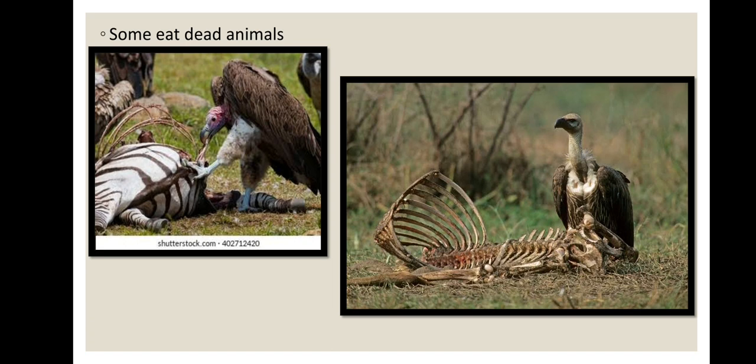Such animals are called scavengers. The example is vulture. Vulture is a bird which preys on dead animals, and it eats the dead bodies of animals. The other example of scavenger is hyena.